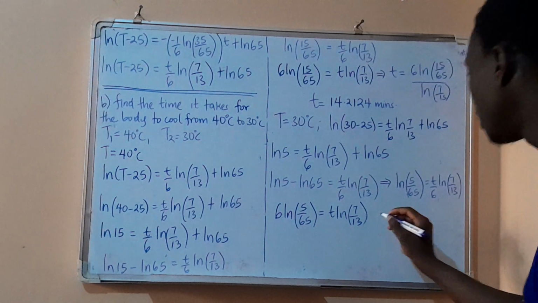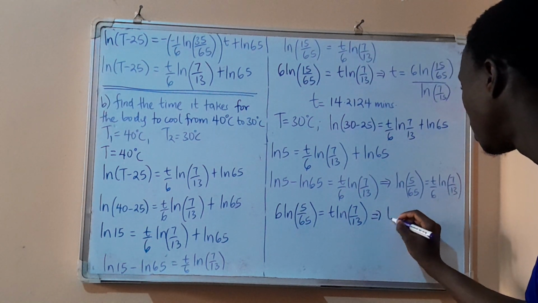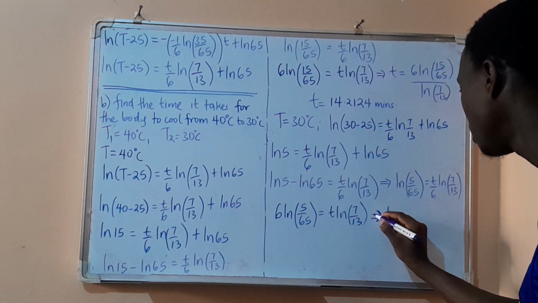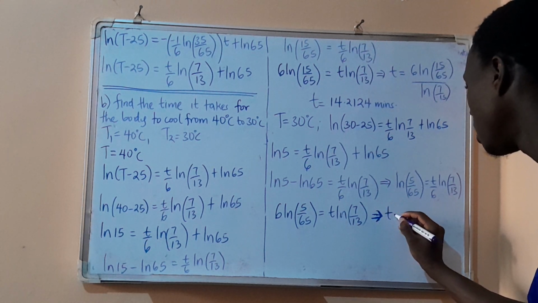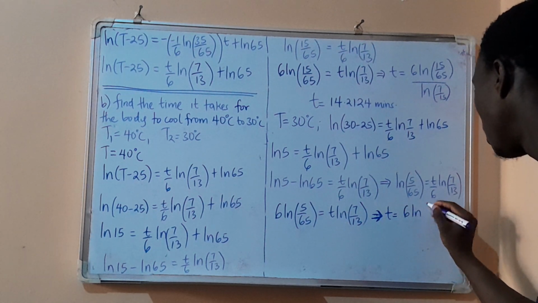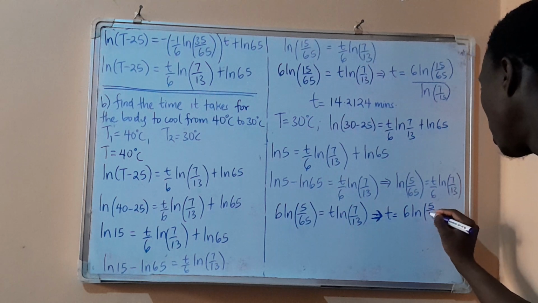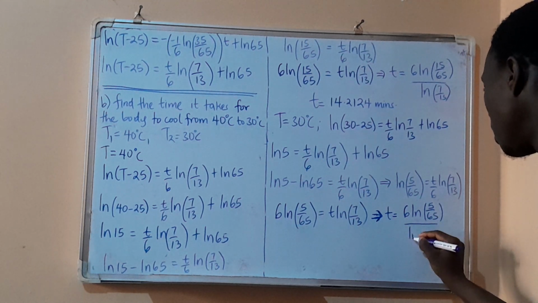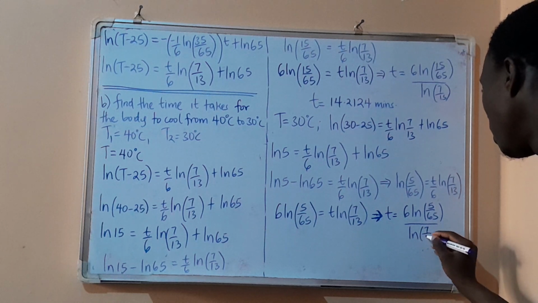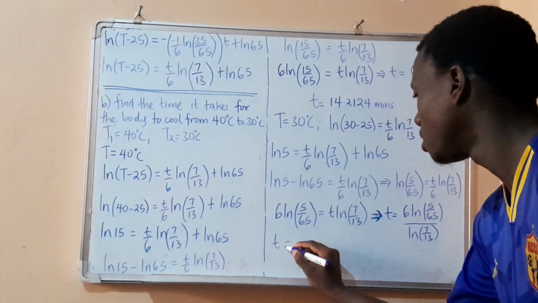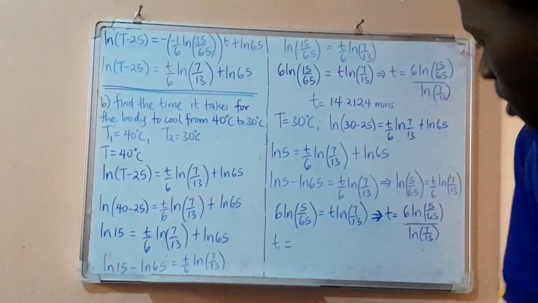If we make T the subject, T is equal to 6 log 5 over 65 divided by natural logarithm 7 over 13. So the value of T is what?